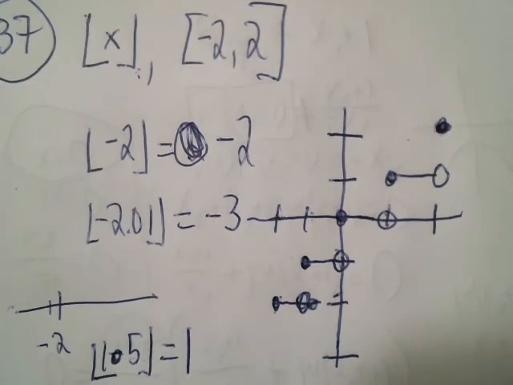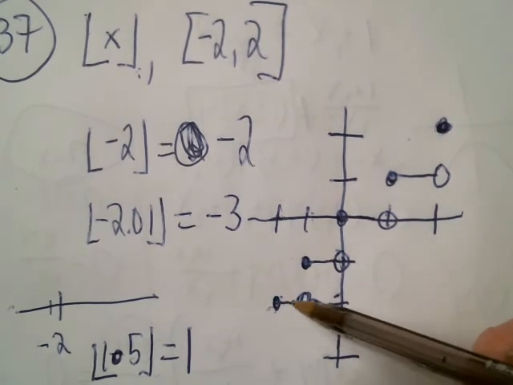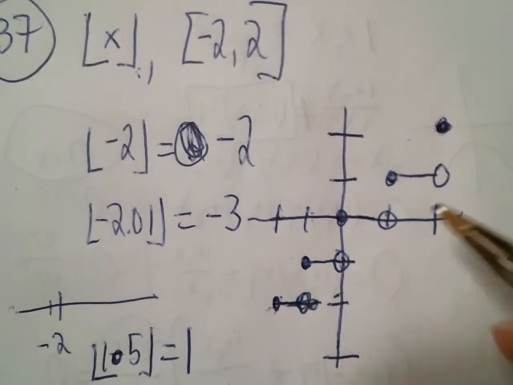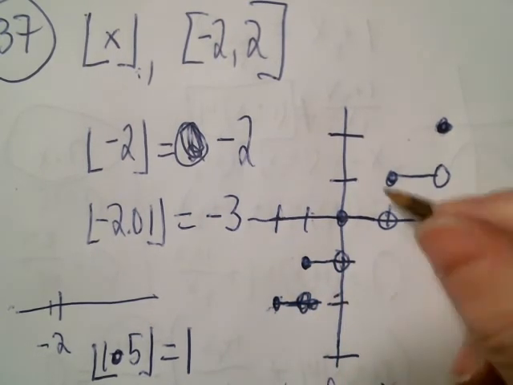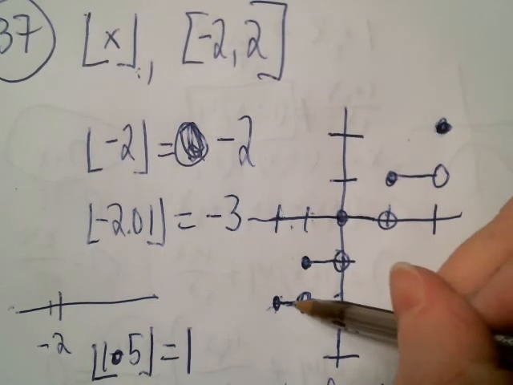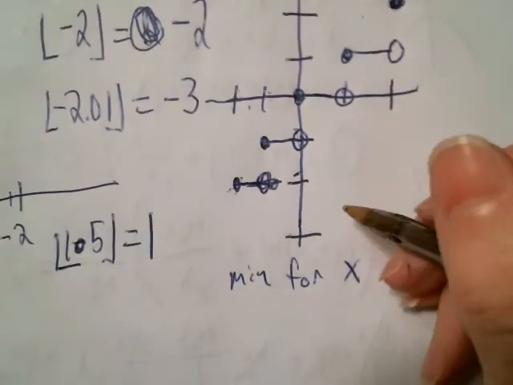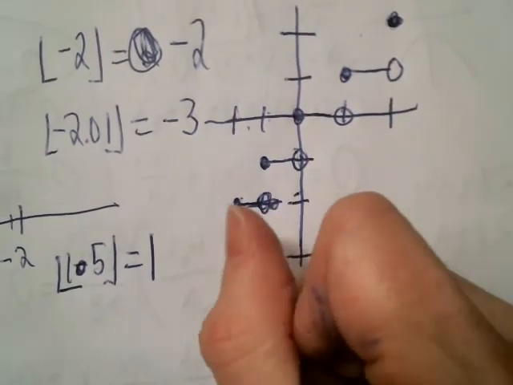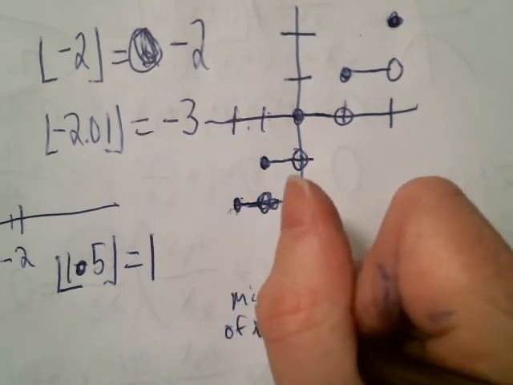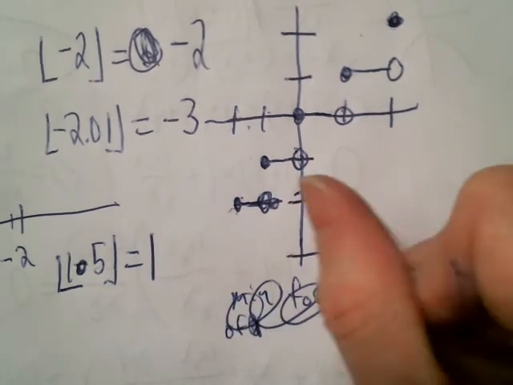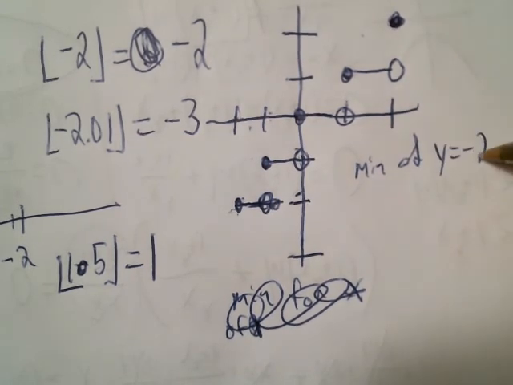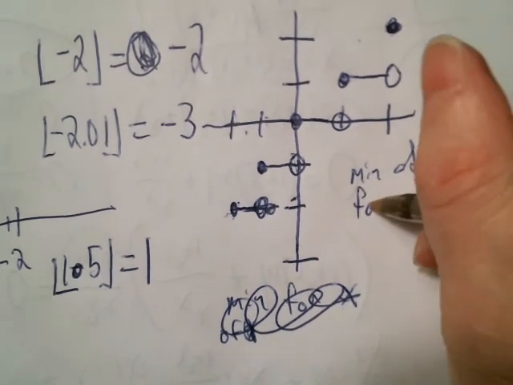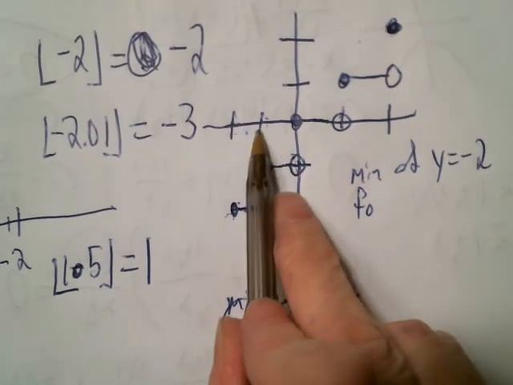Okay, so right, the minimum is going to be right here. So the min is y equals -2 for x values that are in this interval.